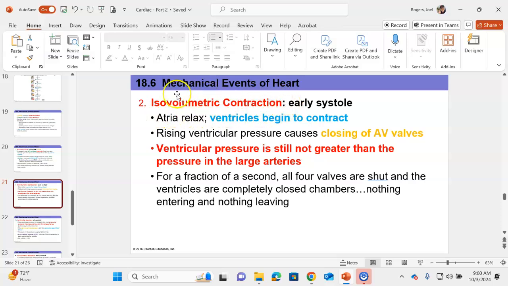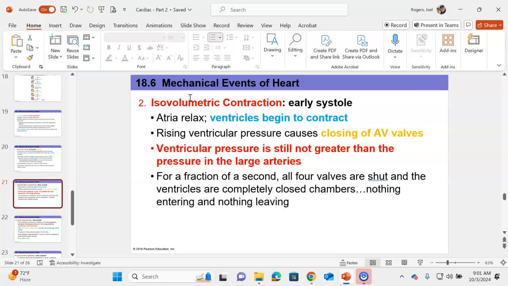So we have a unique situation here, which is what tells us why we get this name. Phase 2, like I didn't mention it yet, is named isovolumetric contraction. Iso, as the prefix, means equal or same. So we have a unique situation here where the ventricles are completely shut. The AV valves are shut and the semilunar valves are shut.